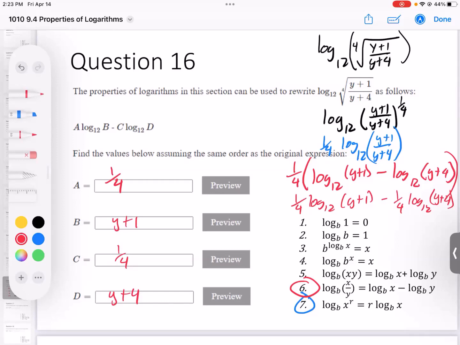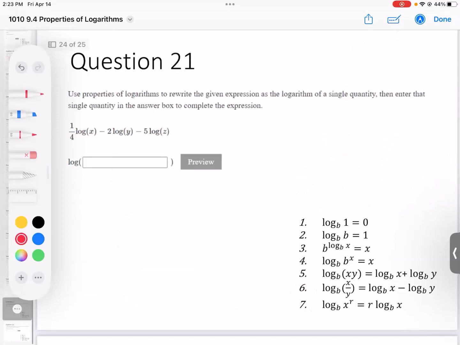All right, so you'll have some questions like this where they give you a single logarithm with a complicated argument, and they ask you to expand it out into multiple logarithms with simpler arguments. And then you'll also have some questions towards the end that go in the opposite direction.